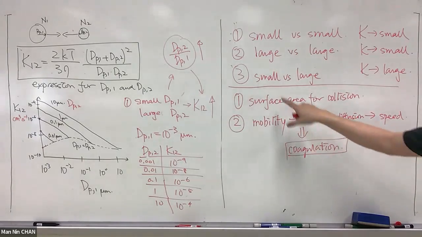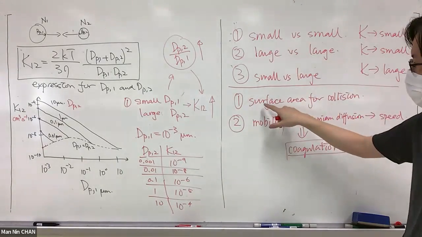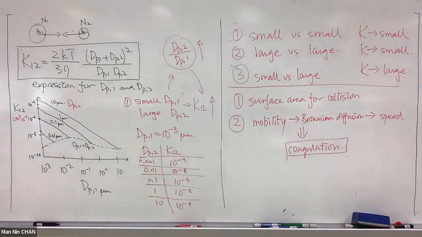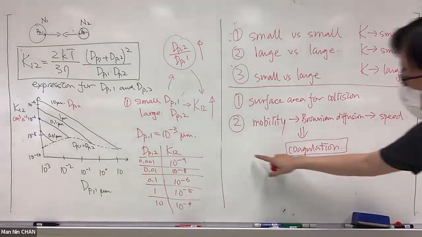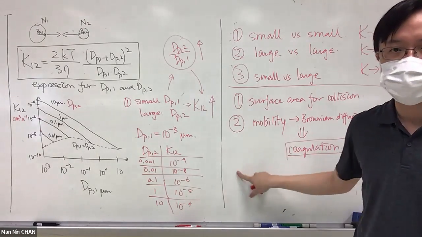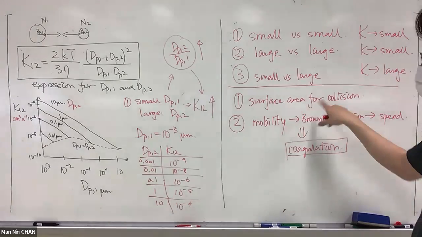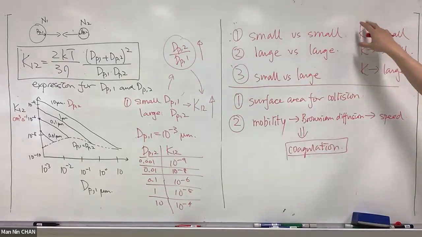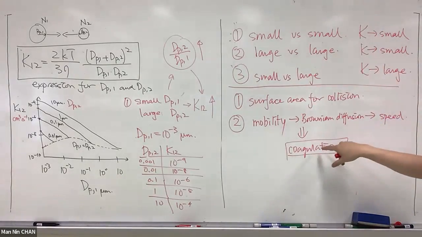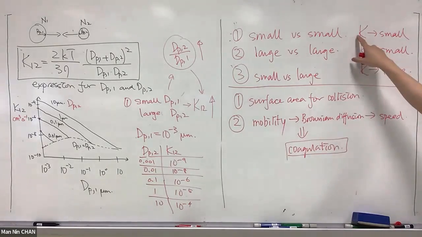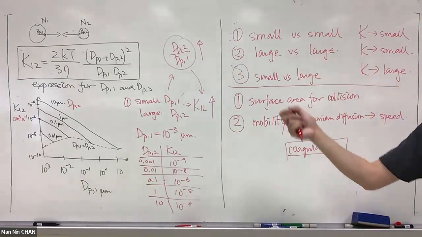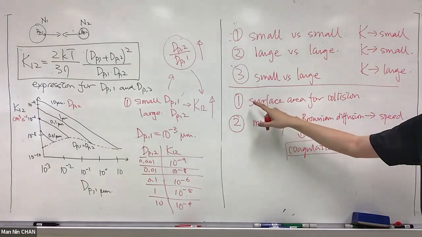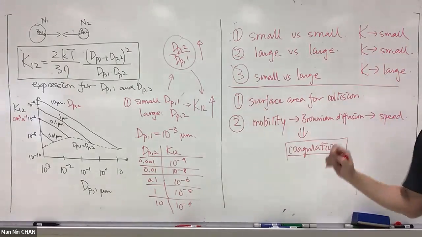But because they are small particles, they have a very small cross-sectional area for collision. So even though they can move around very quickly at high speed, their surface area for collision is small. Therefore, overall, the coagulation or collision will be small. Even with the speed or mobility, your target surface area is small. Does it make sense?